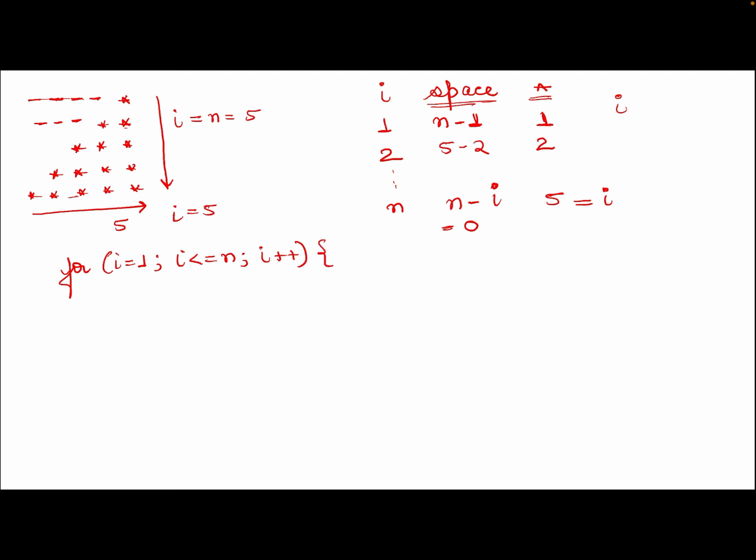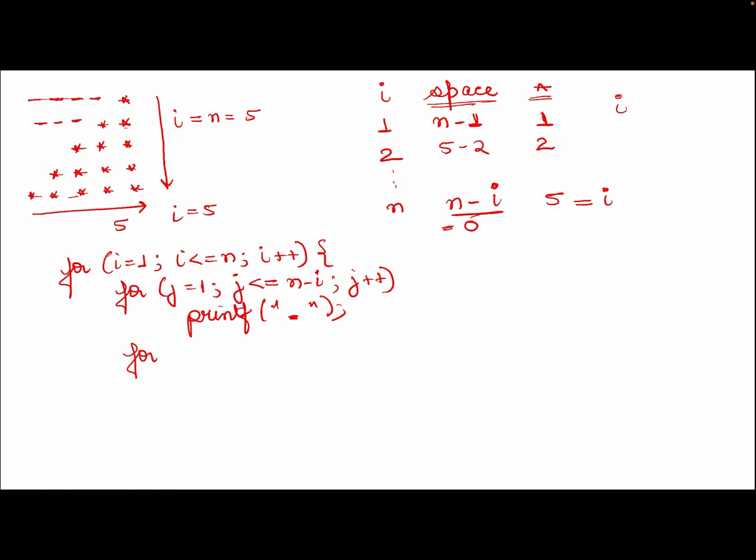This is the number of rows we want to print. And let's take a loop which prints only spaces. So I use for j is 1. And how many times should this space be printed? n minus i. So j less than or equal to n minus i, j plus plus. And this loop will only print your space.